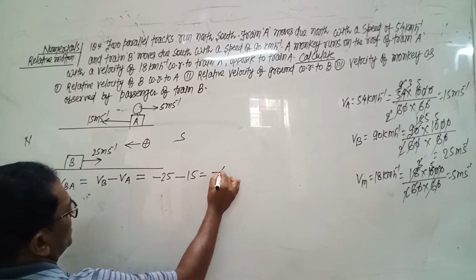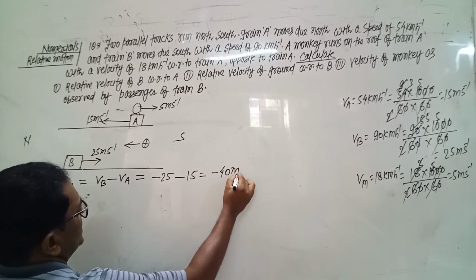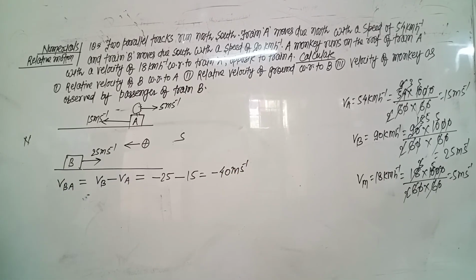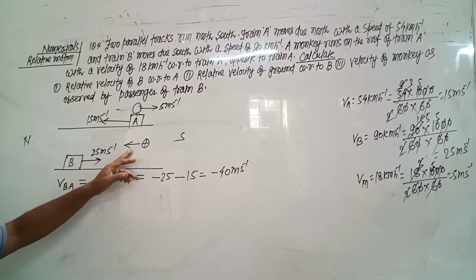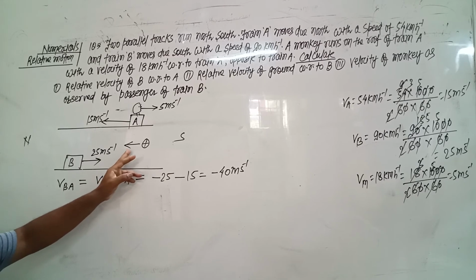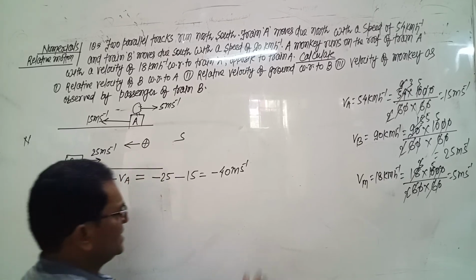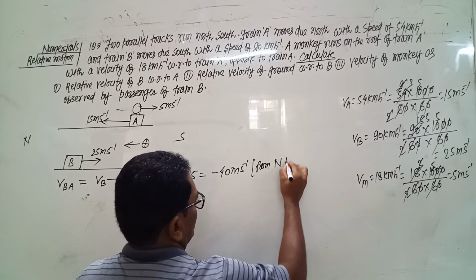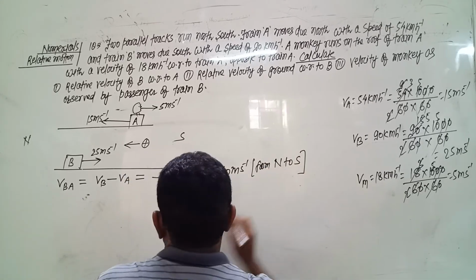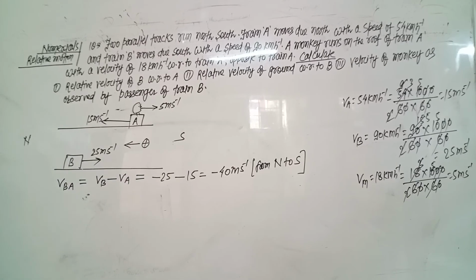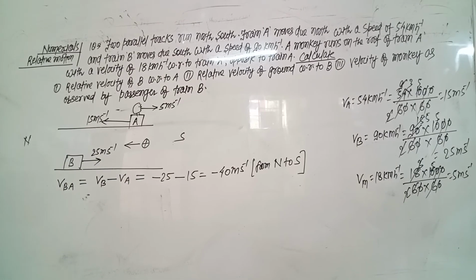It gives minus 40 meter per second. Minus 40 meter per second shows that the direction of this relative velocity is towards south, from north to south.